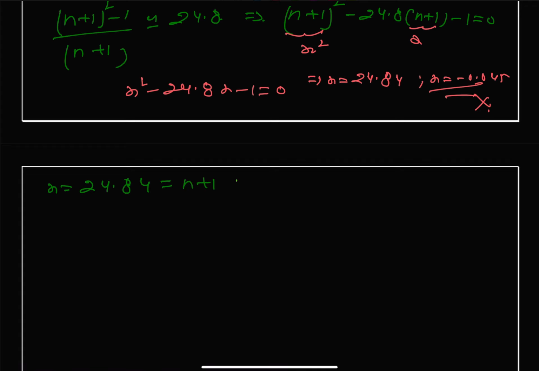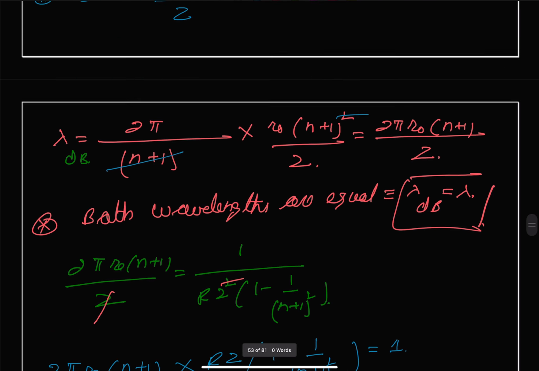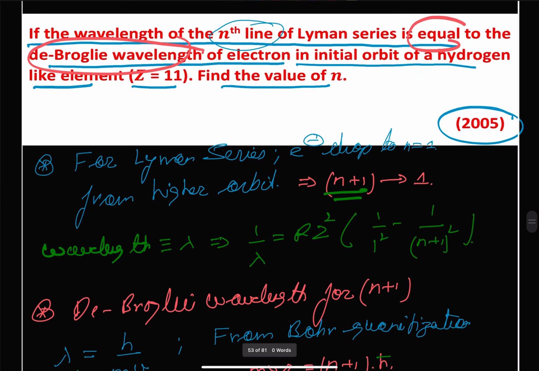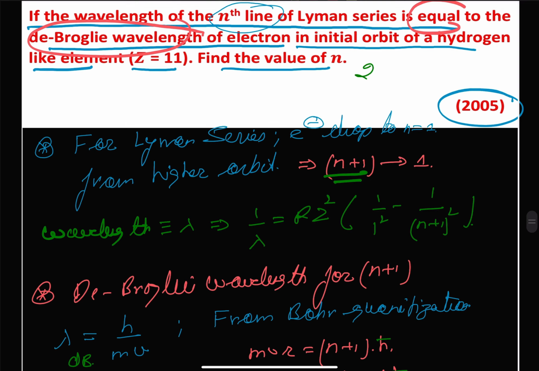So from here we can say that n will be equal to 23.84, or approximately equal to 24. So the value of n is equal to 24.